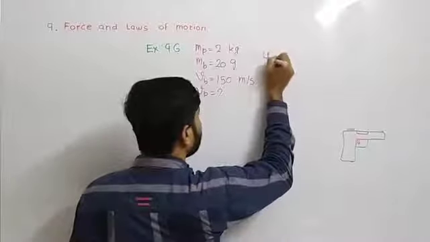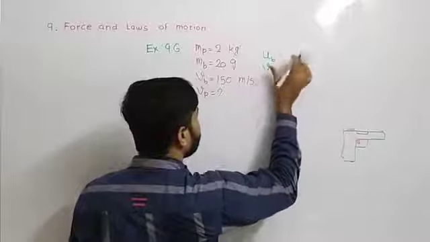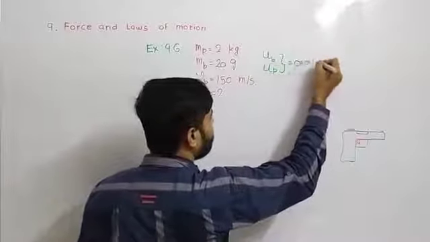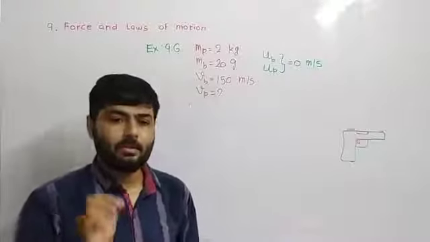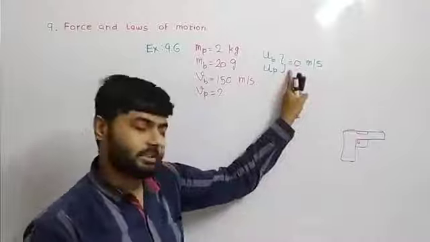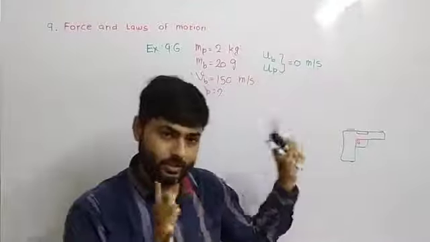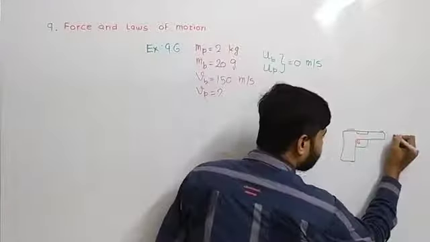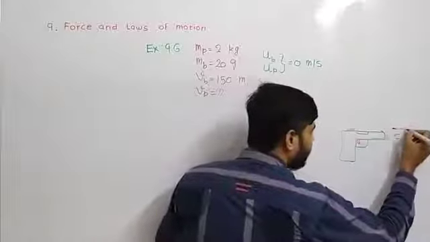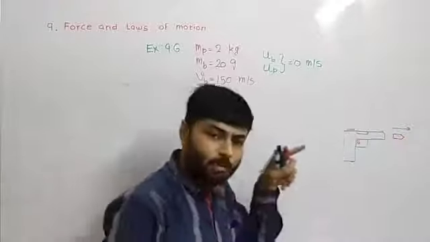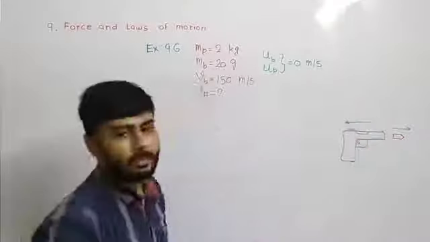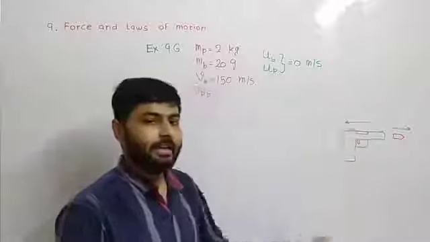We have UB and UP equal to 0 meter per second, which means when the bullet is not fired, the velocity of bullet plus gun is 0, so the initial velocity is 0. Now this bullet is fired. Velocity of the bullet is in this direction, which means the force on the bullet is in this direction. So the recoil force on the pistol will be in the opposite direction, in the backward direction.